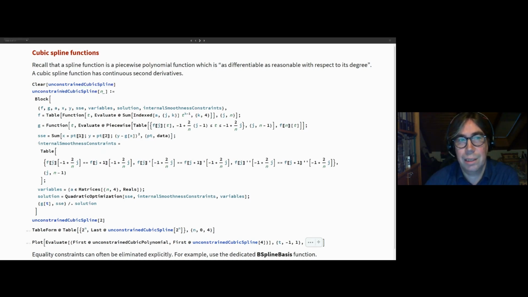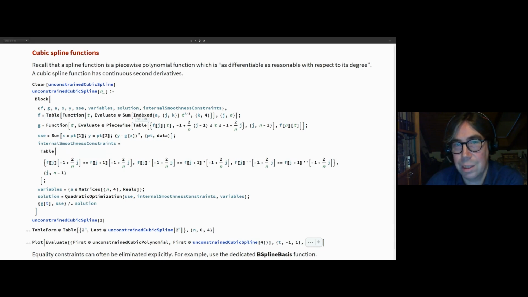And so we set up things in a similar way. This time it's a Mathematica function with an argument reflecting the number of subintervals. And we don't have one ansatz polynomial, we have n ansatz polynomials for the n subintervals, so a table of them.